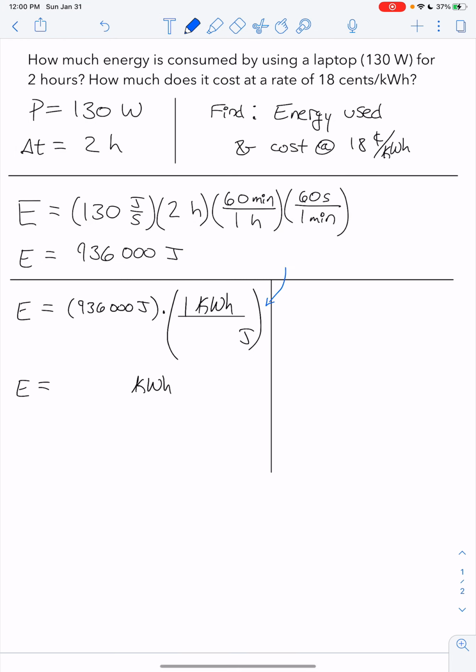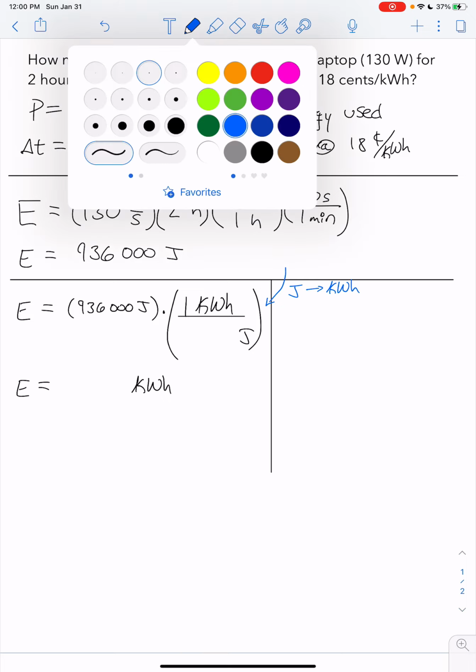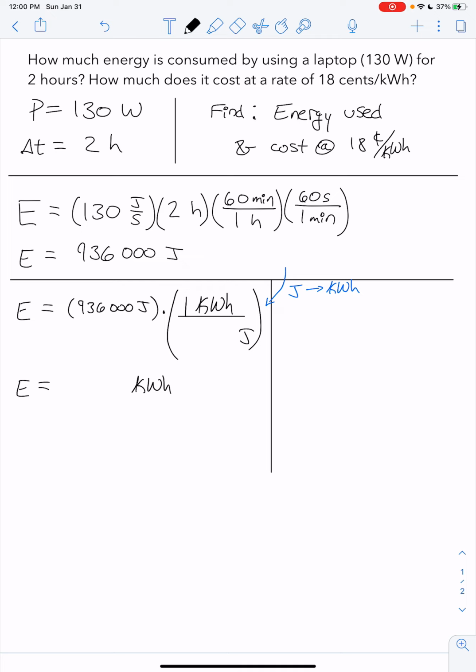So let's talk about joules to kilowatt hours. Okay, so what's 1 kilowatt hour equal to? Well, first of all, we have this kilo, so that's 10 to the 3.